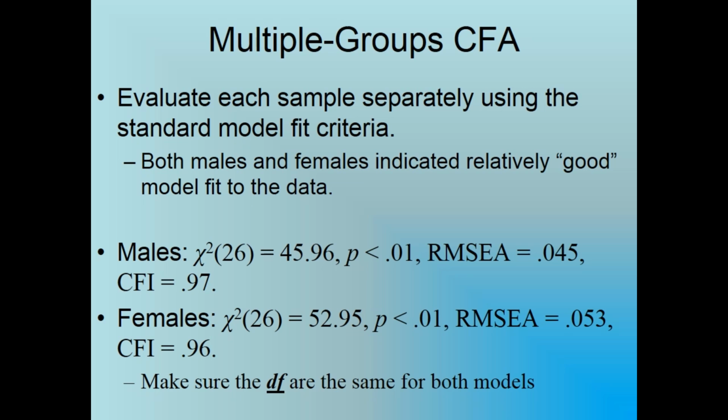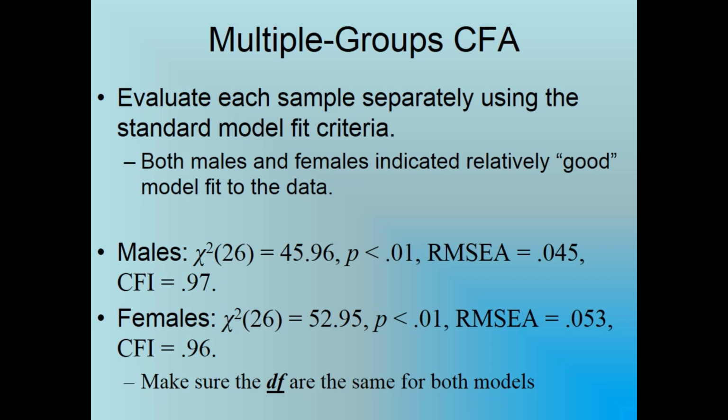It's critical here to make sure your degrees of freedom are the exact same for both males and females, because you want to make sure you're testing the exact same model. Again, recall our sample size is equal for both males and females, and therefore we shouldn't be too surprised that chi-square is relatively similar, which again suggests the model fits the data well for our males and females.